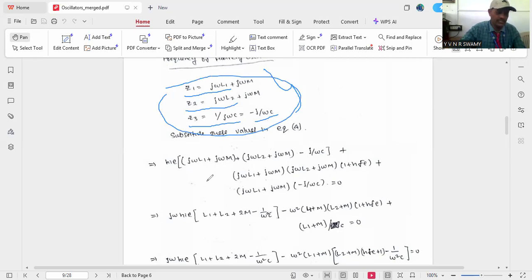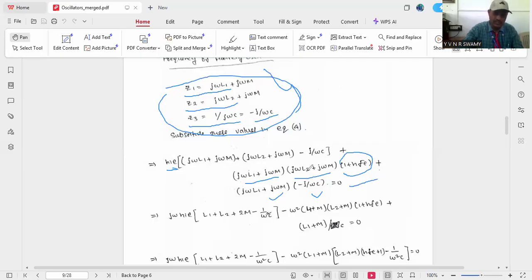Then the equation becomes (Z1 + Z2 + Z3) HIE + Z1 Z2 (1 + HFE) + Z1 Z3 is equal to 0.